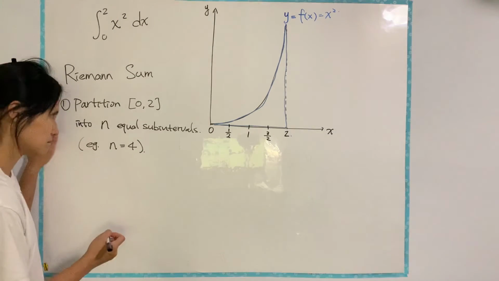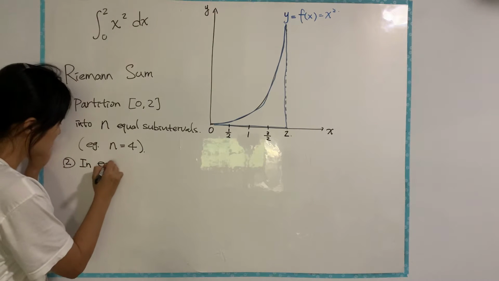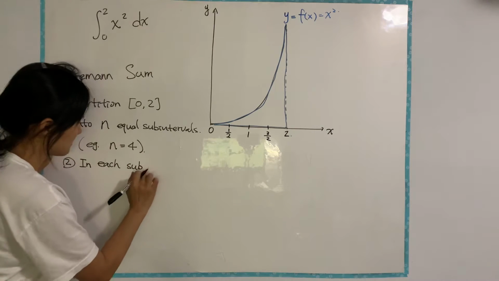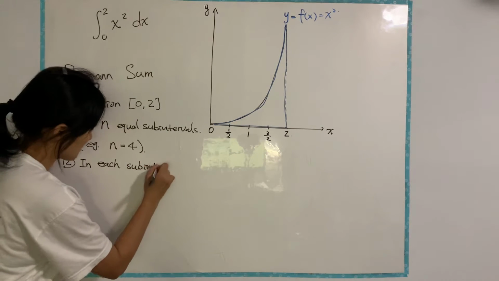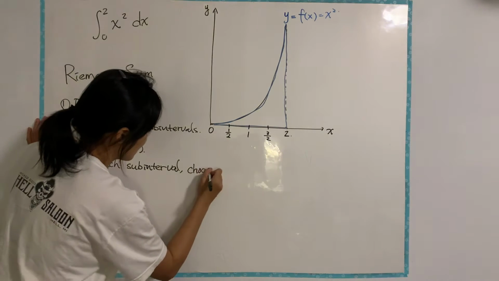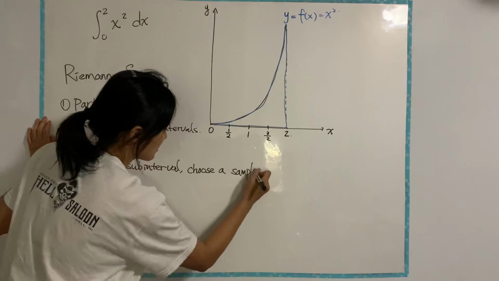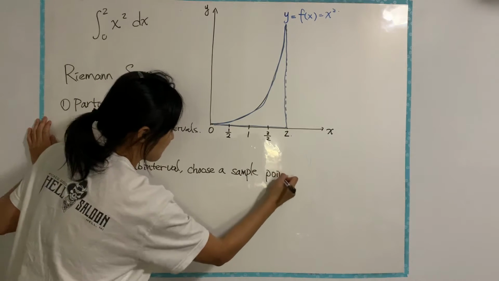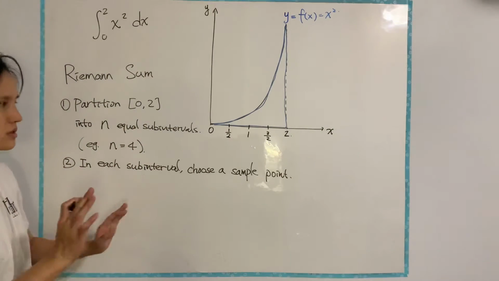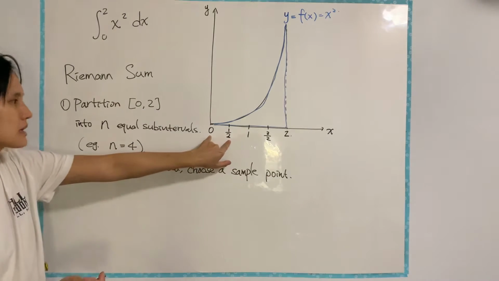Then, in each subinterval, choose what we call a sample point. Okay, so any point is fine. Just choose a point sitting inside the interval.